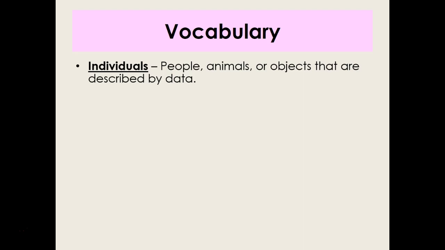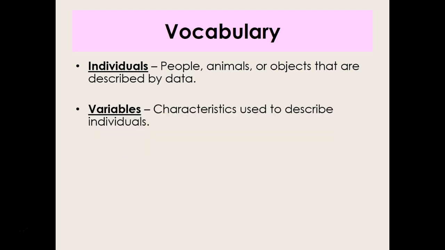Usually when they're people, we call them subjects. So if it is a person, sometimes we'll say the word subject instead of individuals, but individuals could be anything that we are studying. The variables are the characteristics that we're using to describe the individuals.